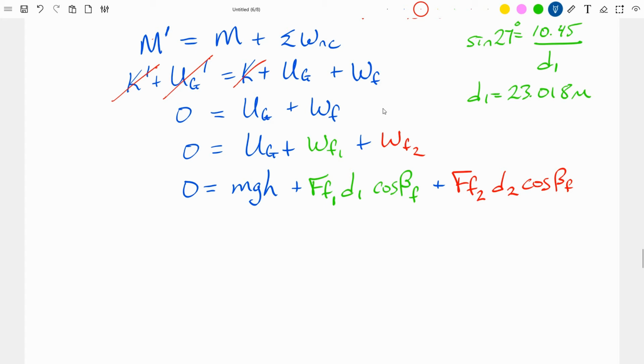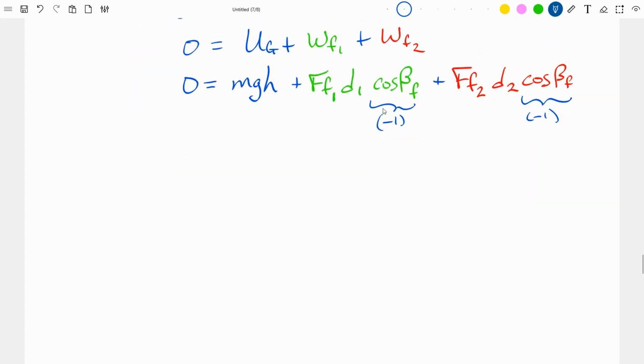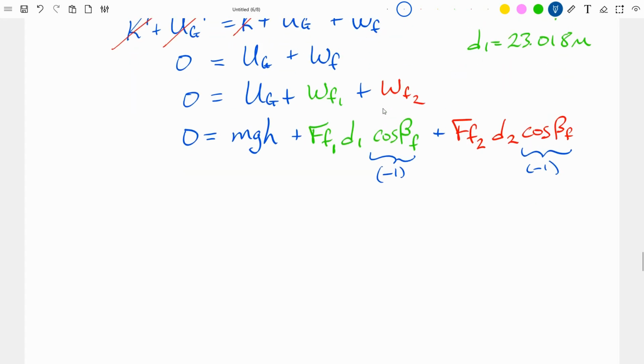So let's do ourselves the favor of realizing that since this is just -1, cos of 180, and this is also -1, in effect, I can rewrite this. Because this is a negative term, let's imagine that we're just going to add it to the left side of the equation. So what you see in green, including that cos of beta, is basically negative. So on the left side of the equation, it shows up: force of friction in part 1, distance part 1.